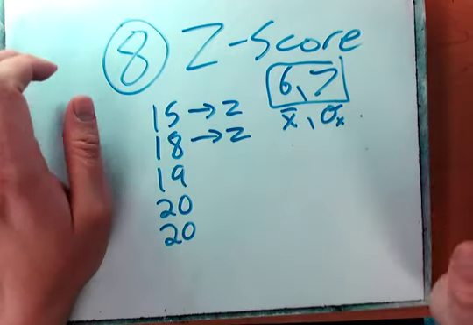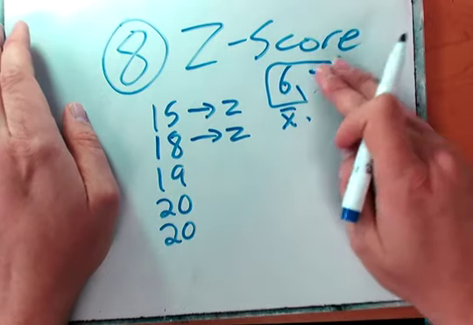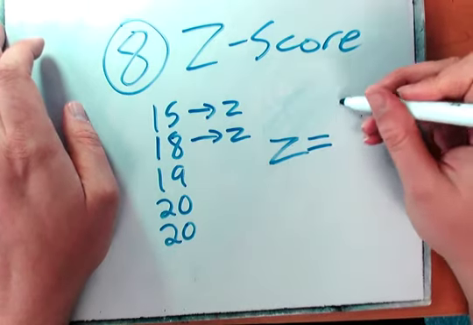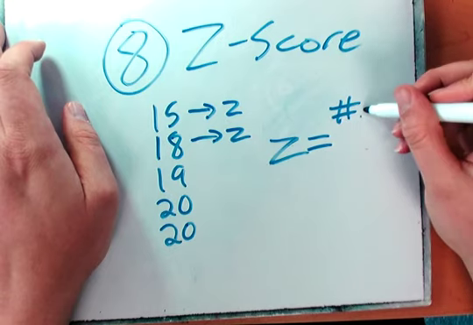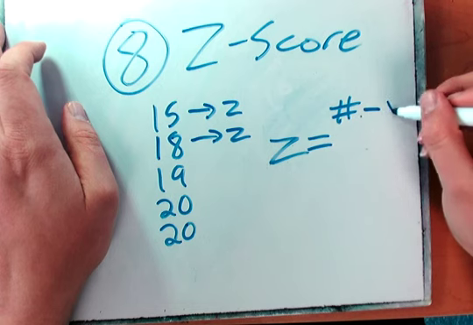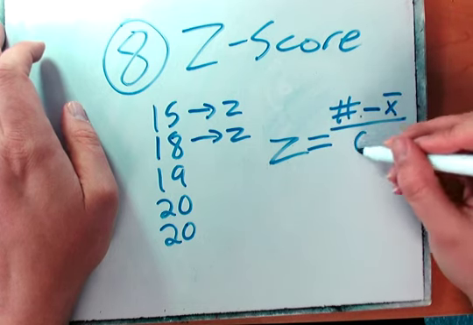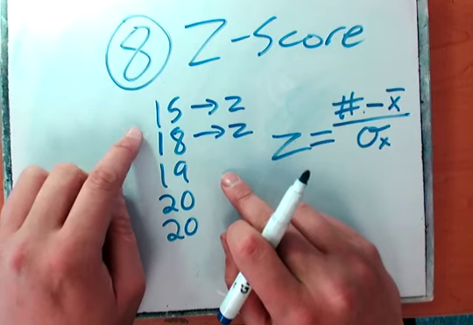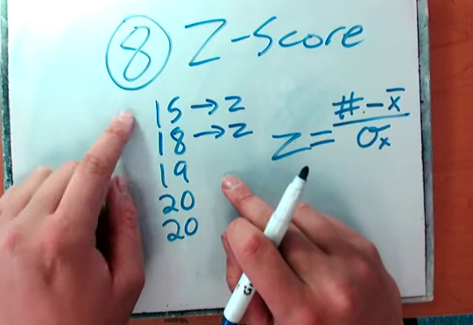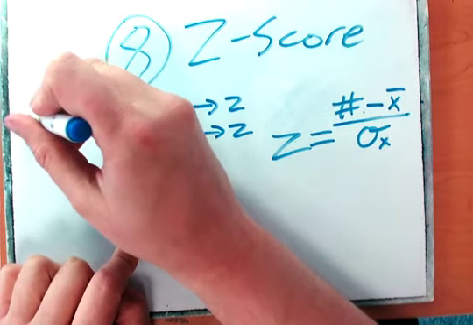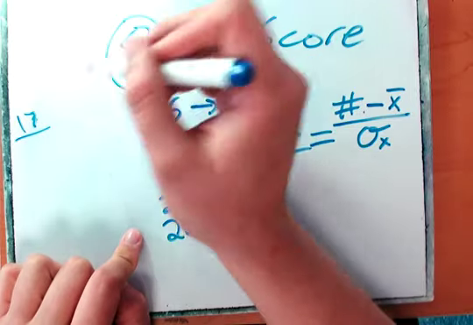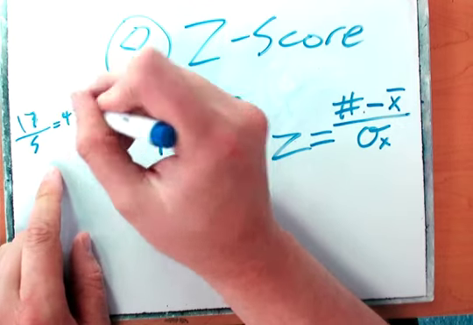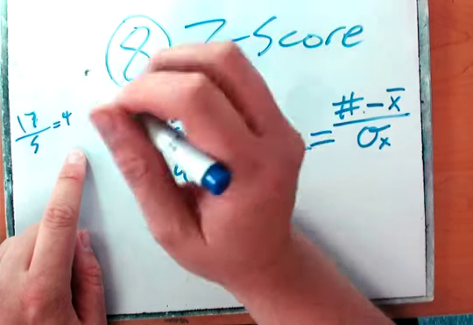So, all that being said, we could actually calculate that, and the way that you calculate it, z equals whatever value, so let's call it the value of the number, minus x bar, all over the standard deviation. So what does that mean?